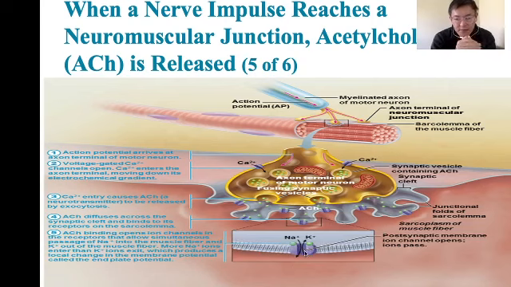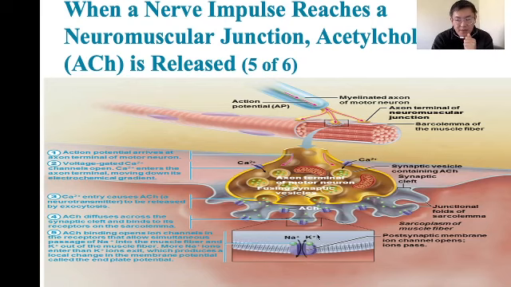Once they bind with the receptors, they stimulate the receptors and the receptors open. Once the receptors open, they allow sodium ions to rush into the cell and a few potassium ions to rush out of the cell.